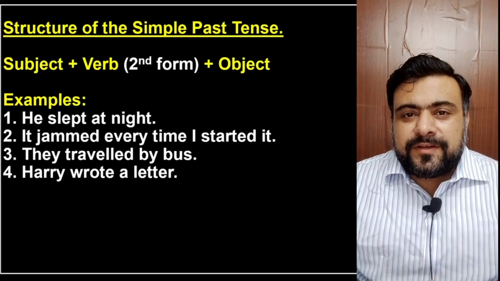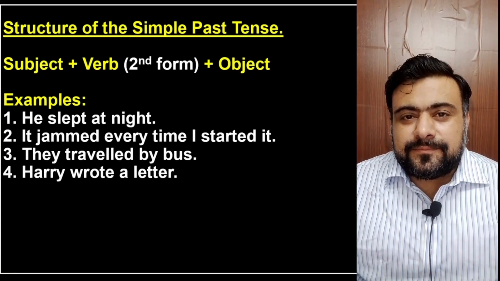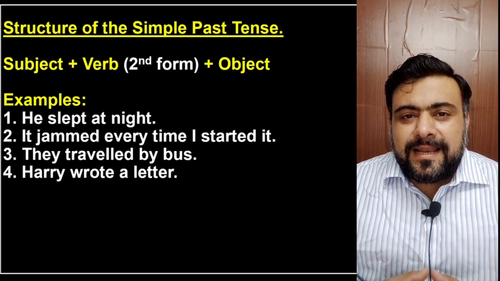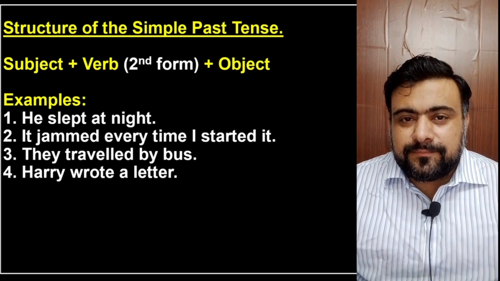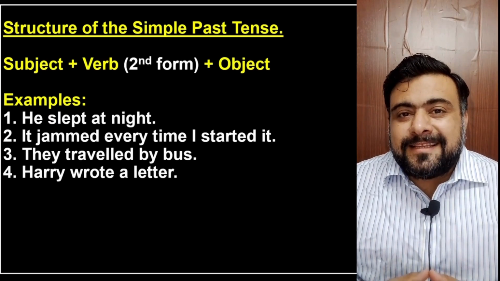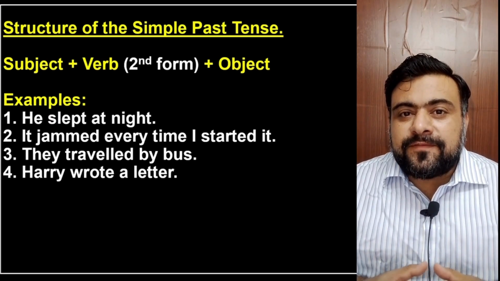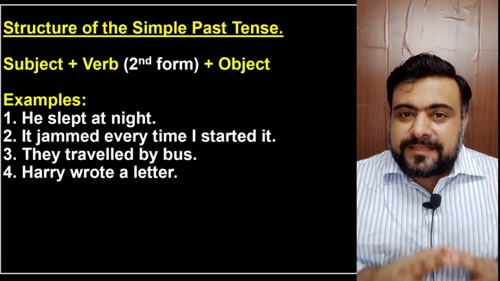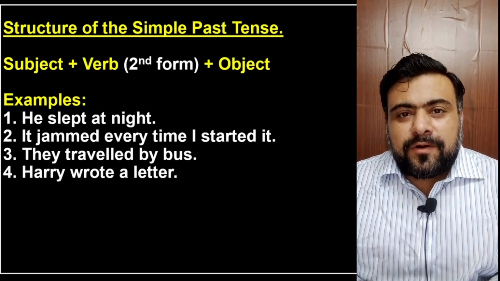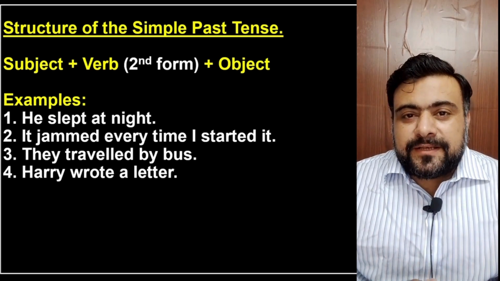It jammed every time I started it. They traveled by bus. Harry wrote a letter. Now, Harry is the subject plus wrote, the second form of the verb write, plus a letter, the object. So, subject plus the second form of the verb and the object.